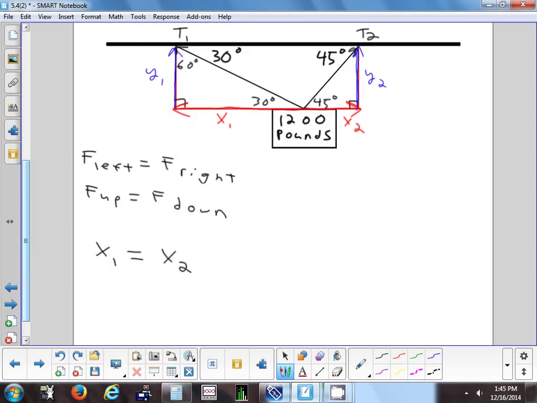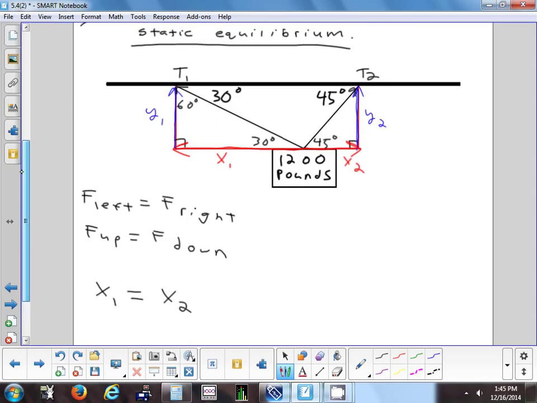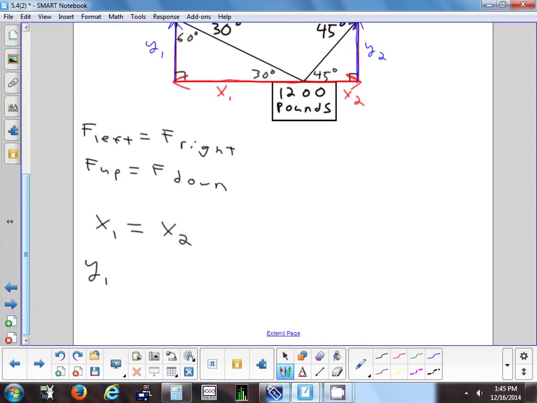Okay, what about force up? Y1. What else? Equals Y2. So how many forces are up in this case? There's 2 forces. Each cable is helping to hold it up. So Y1, that's a force up. Y2, that's a force up. And they're working together. So, Y1 times what, or plus.